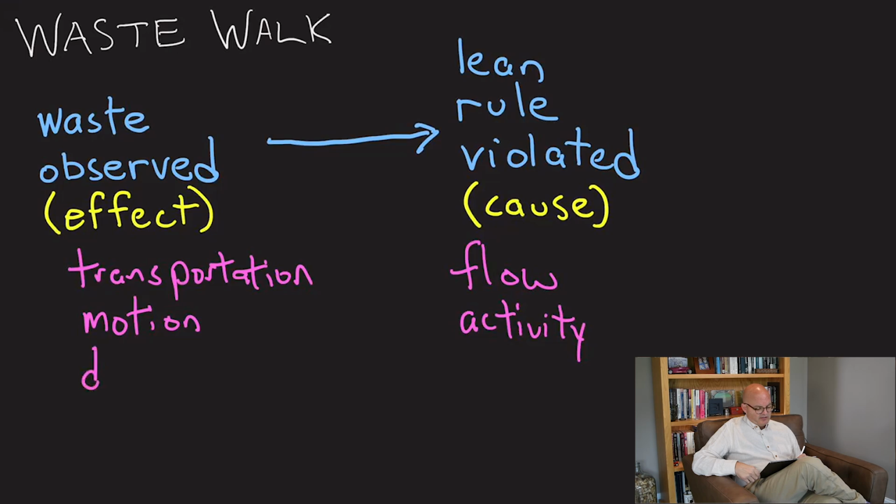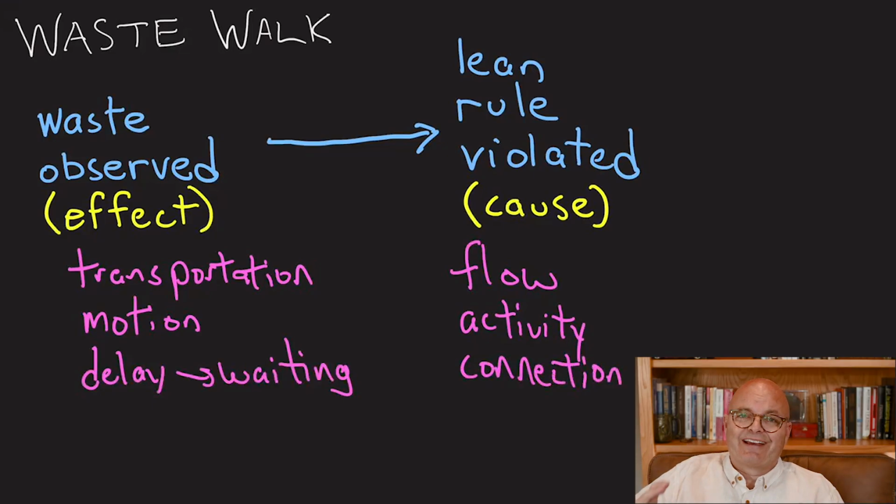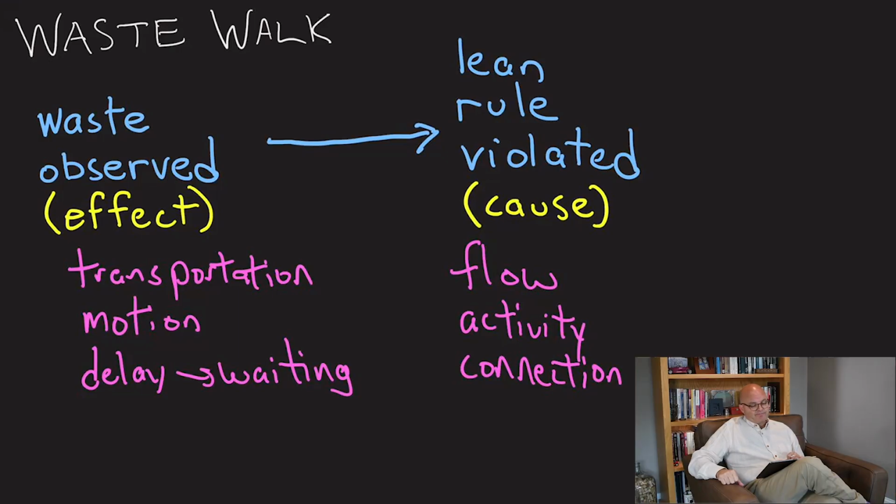Or you might see a delay in the form of the waste of waiting, and the reason is that there's a bad handoff or connection. So that connection is poorly designed. You improve the design of the connection and the waste of waiting goes away. So the point is that when you observe waste, that's the outcome, the bad outcome that you don't want. It's the design of the work that's producing that waste. And we use the lean rules to start to get after it.